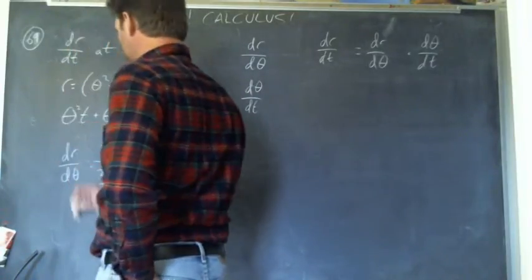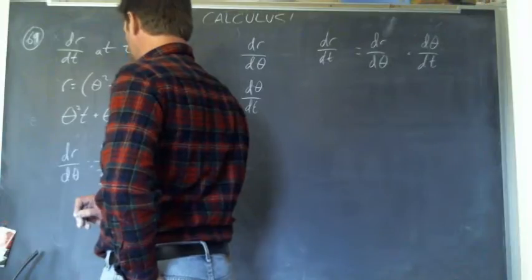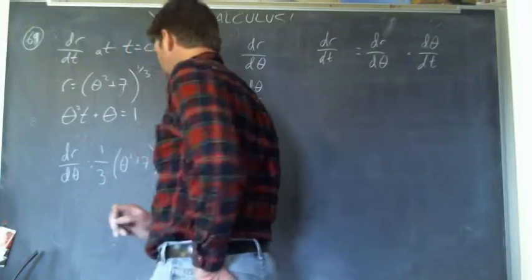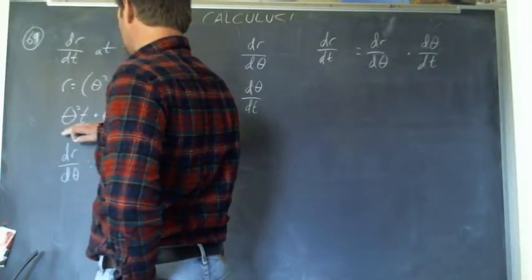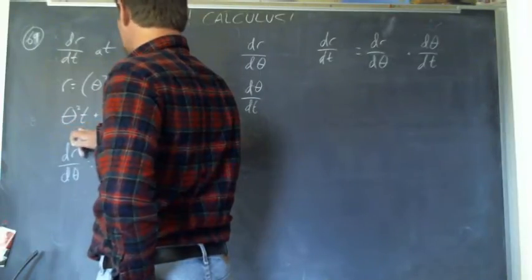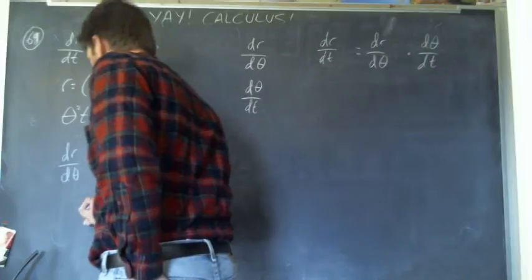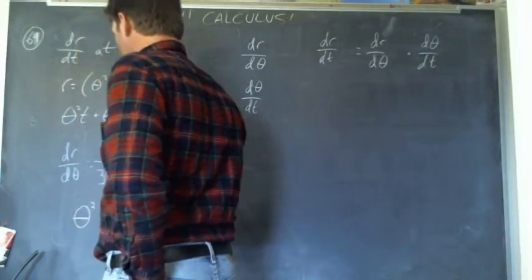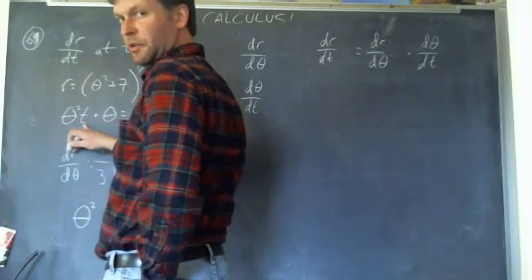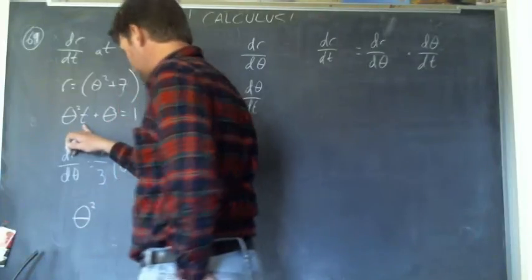So differentiating theta squared t plus theta equals 1 with respect to t, we've got multiplication here, so it's product rule. So we have the first times the derivative of the second, taking the derivative with respect to t, so that's just 1.